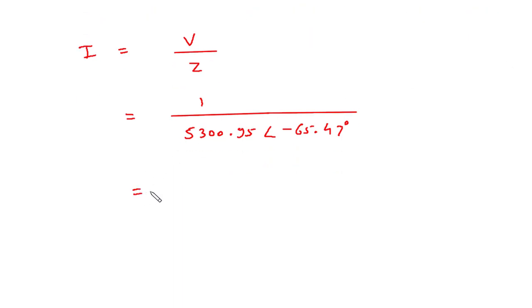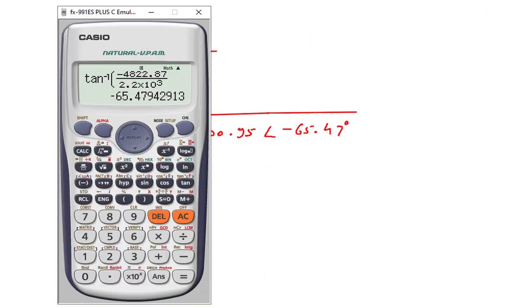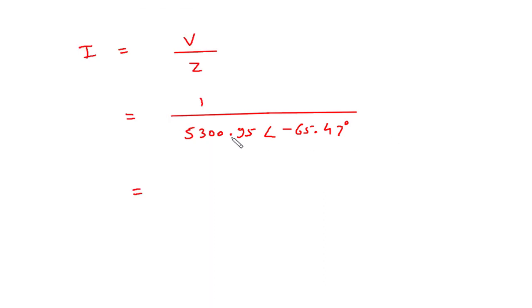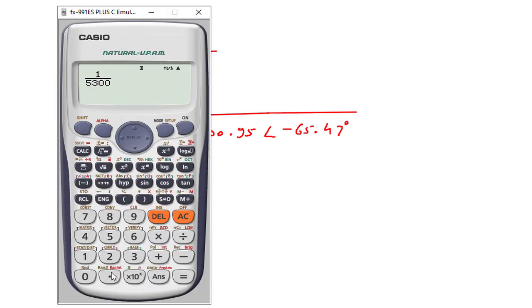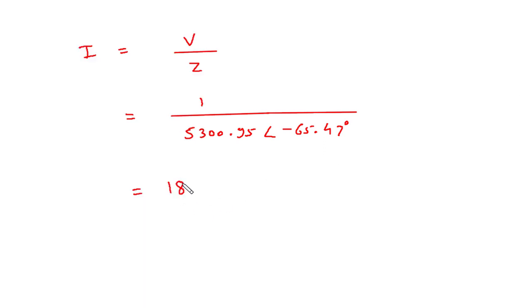Now if we further simplify this, it will be 1 upon 5300.95, that is 188.64 into 10 to the power minus 6, at an angle of, now here there is no angle for the voltage, that means it is 0.